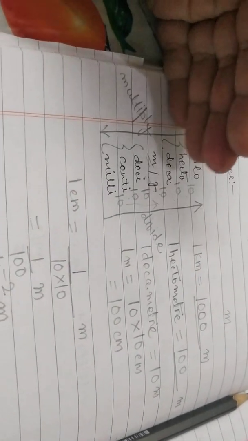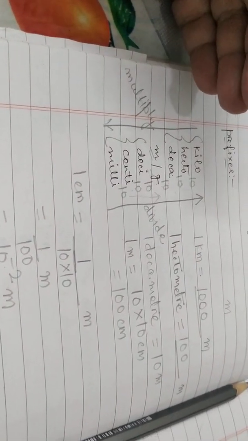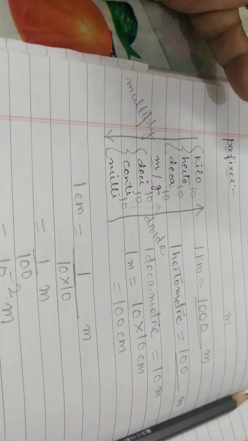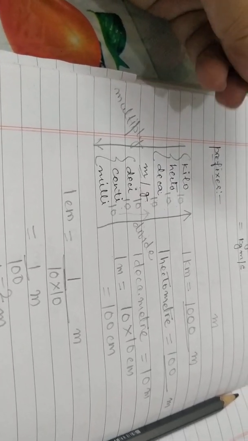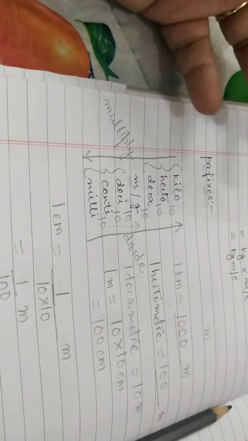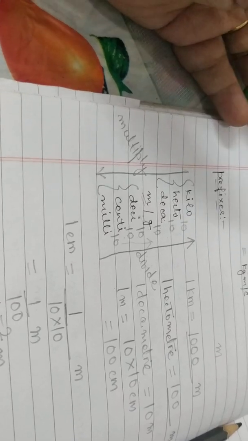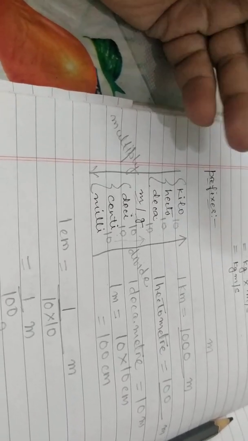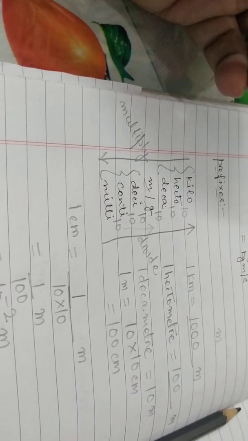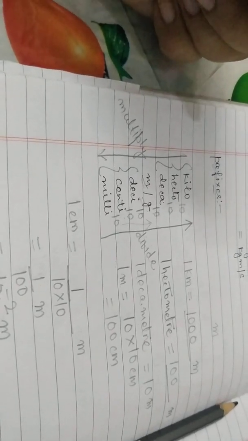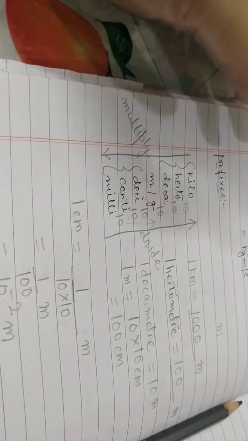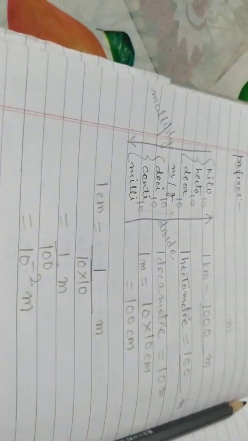If you have to add an even larger prefix than kilo, then there are mega, giga, and many others. So I will be sending you a table. You just go through it. Other things you have to learn.